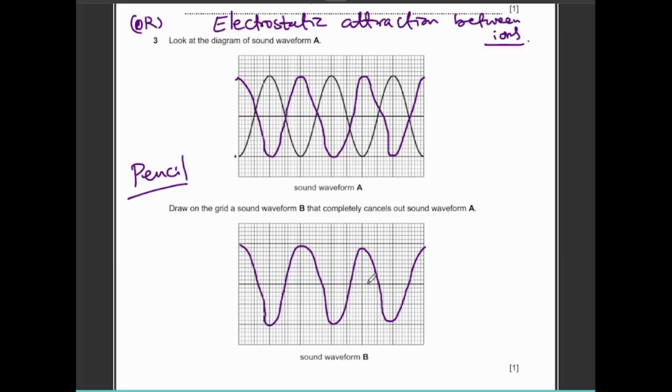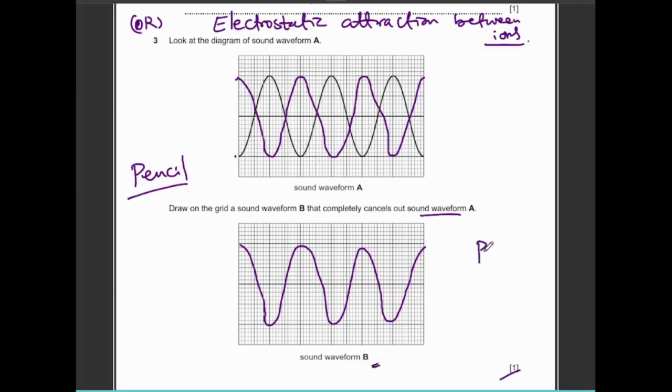Note that the amplitude and frequency should be the same here. Okay, the examiner will check it by eye, the peak, the trough, the crest and all. So based on that, you get a 1 mark question. So sound cancellation is in this format. Fine. This is what your answer is.